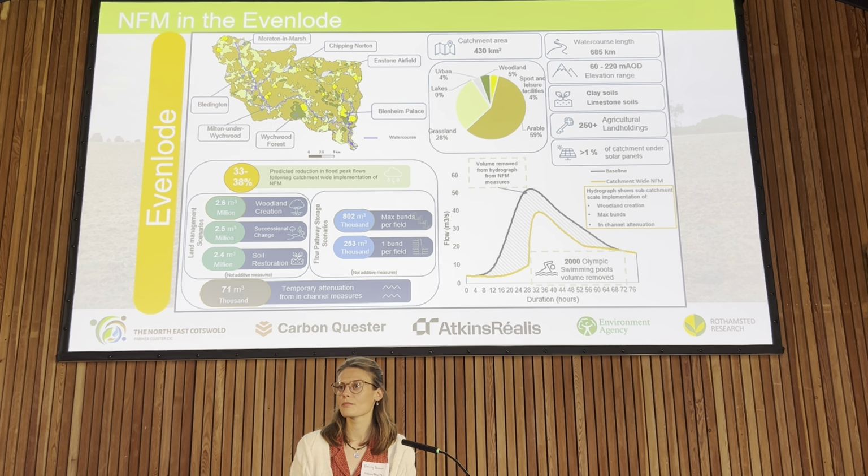The other part of that conversation was around, this isn't necessarily going to stop flooding. We're not trying to work miracles here. When we get that kind of rain on saturated soils, you're not going to stop it with NFM alone necessarily. But you could be more resilient, you can stop it happening as frequently, and your recovery can be better.